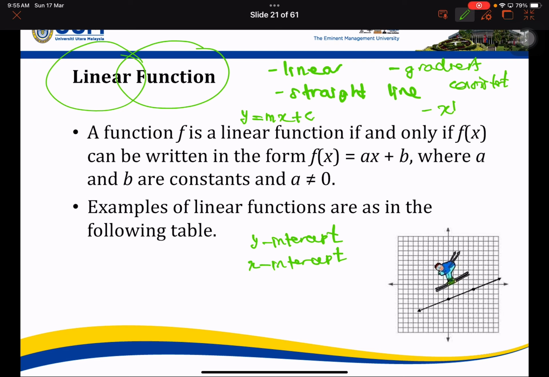Any equations you remember related to linear? Y equals to mx plus c, yes. And how to find gradient if you remember? So m is y2 minus y1 divided by? Correct. What else?